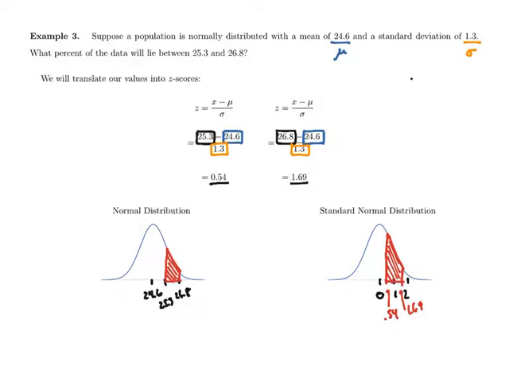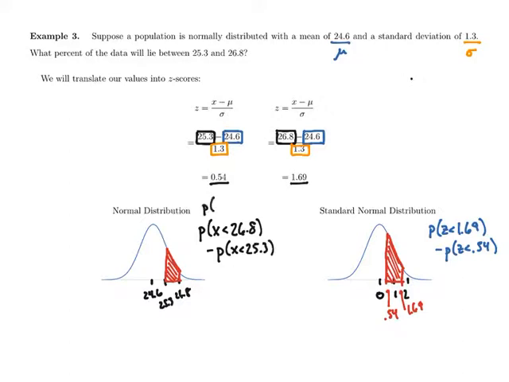So what we're really trying to find here is the probability that z is less than 1.69 minus the probability that z is less than 0.54. Note that that's equivalent to finding the probability that x is less than 26.8 minus the probability that x is less than 25.3.